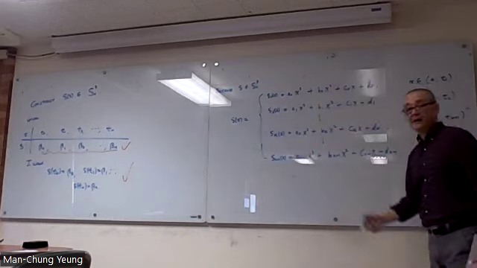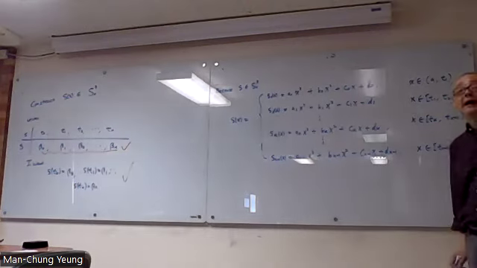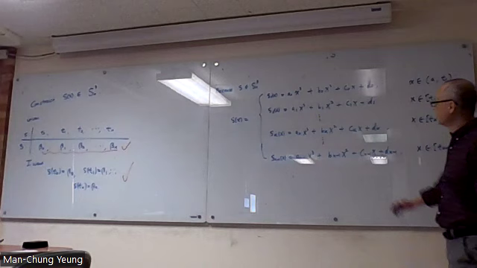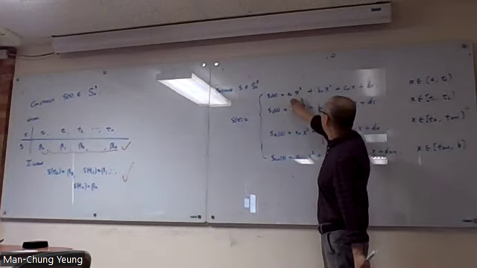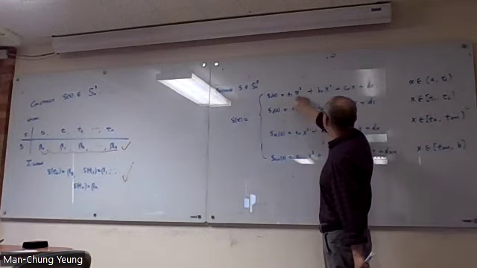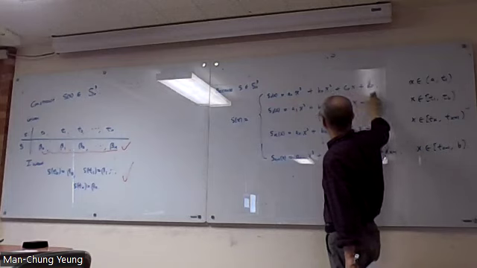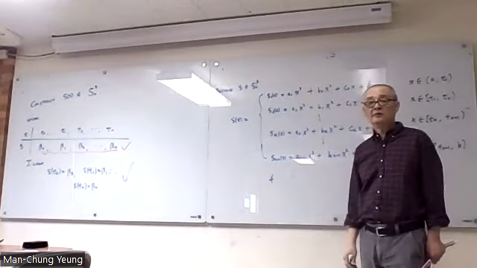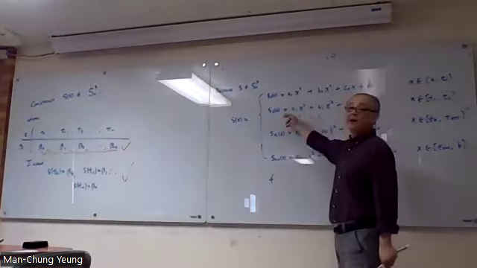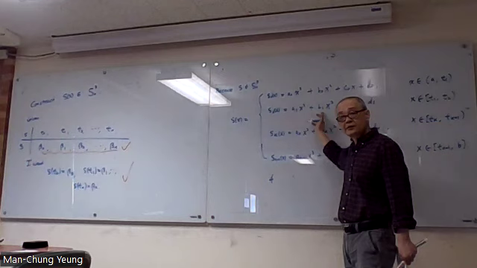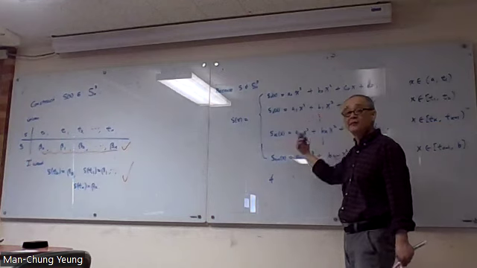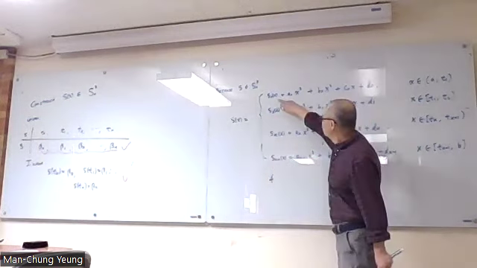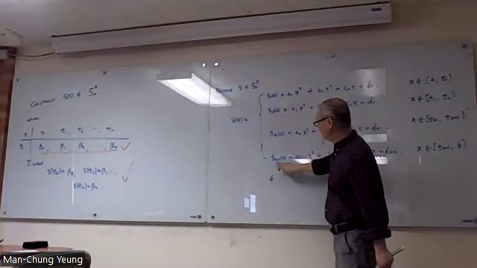Now, let me count how many coefficients we have. For S0, we have A0, B0, C0, D0, 4 coefficients. For S1, also 4 coefficients. For Sk, 4 coefficients. How many k? 0, 1 to n minus 1.